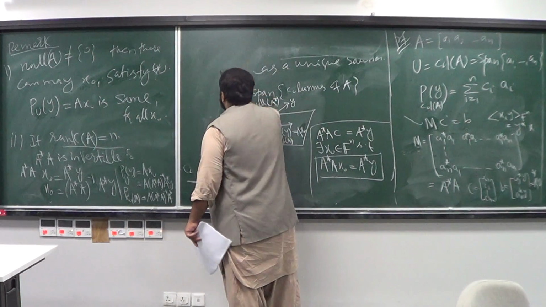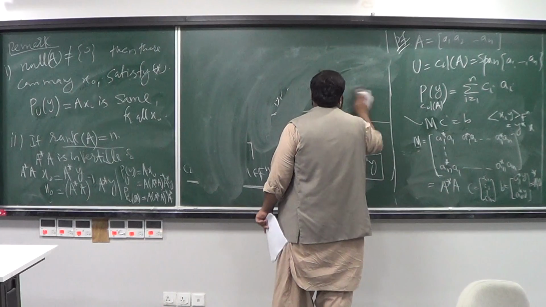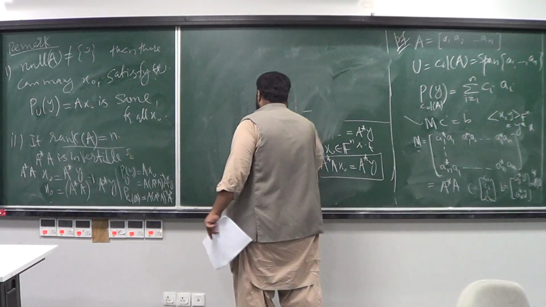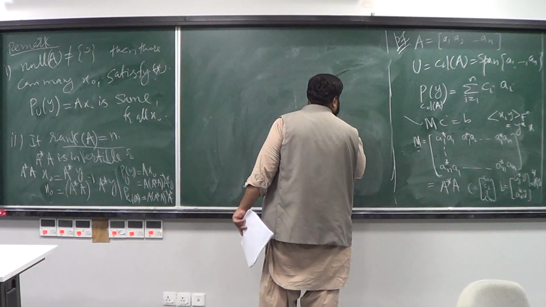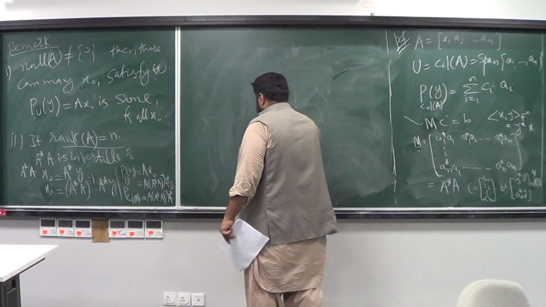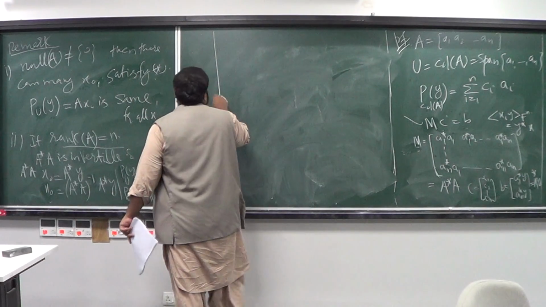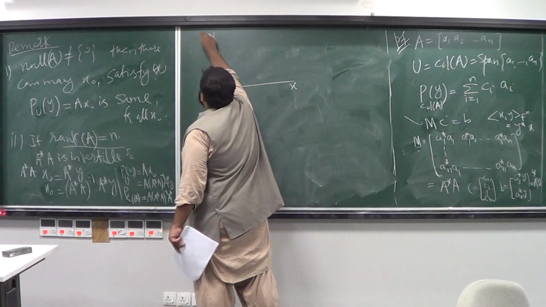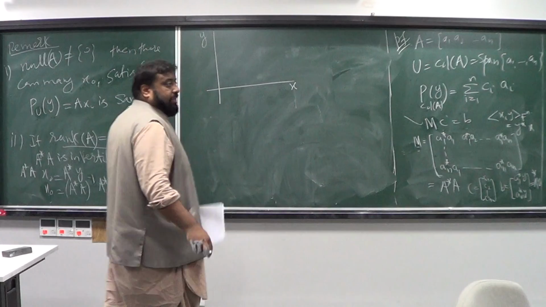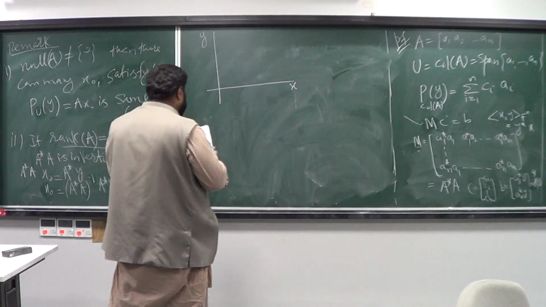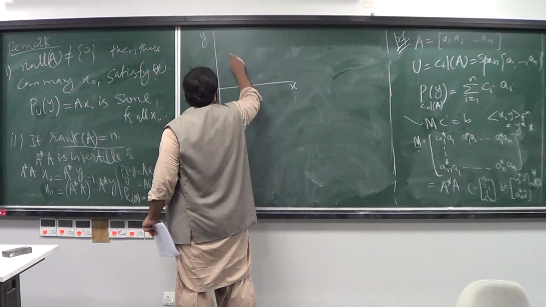Now let's think about one application of this theorem, which is best fitting. So imagine, as I said, you have this xy plane, in which you have, for example, several points.